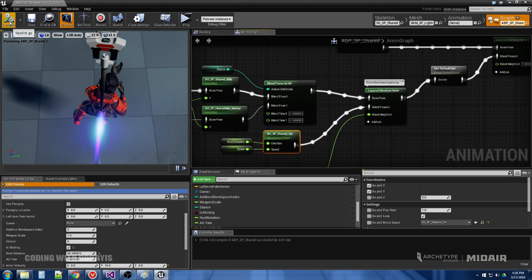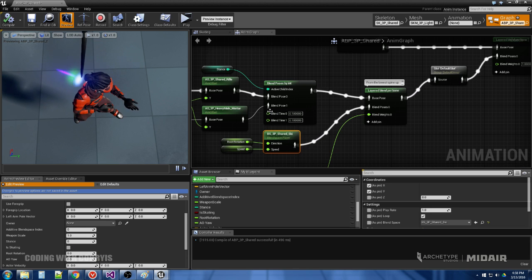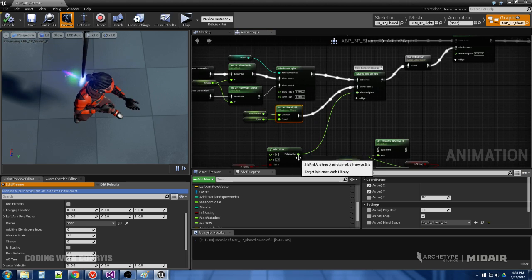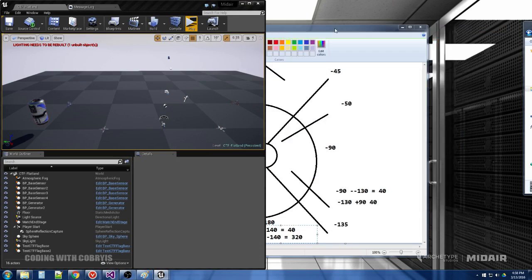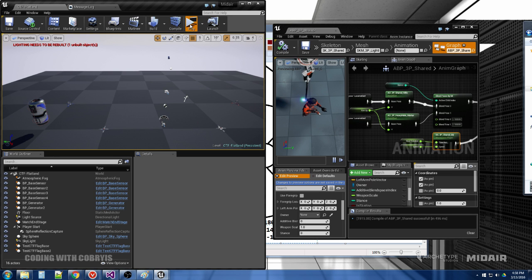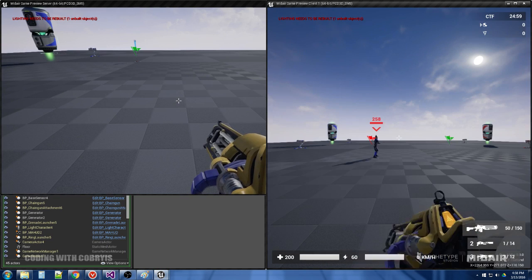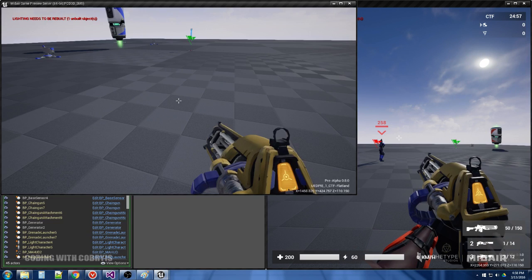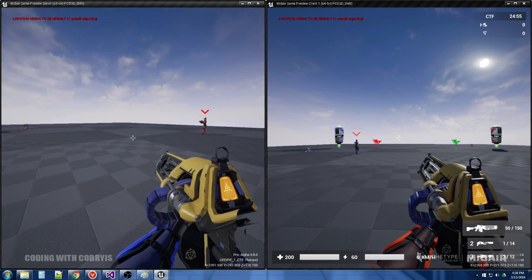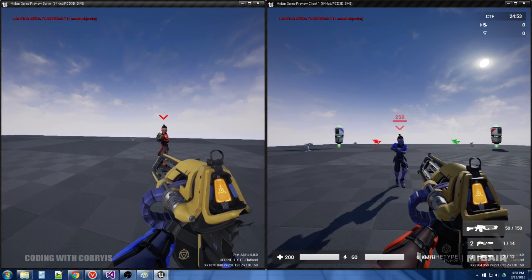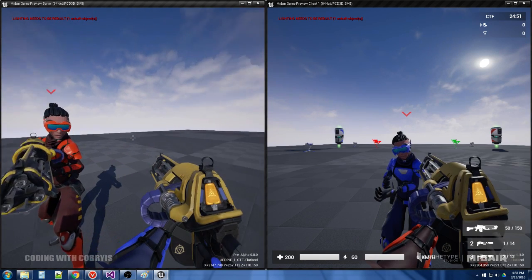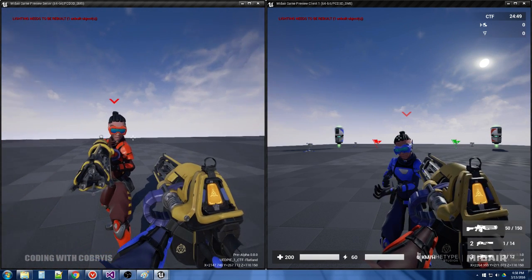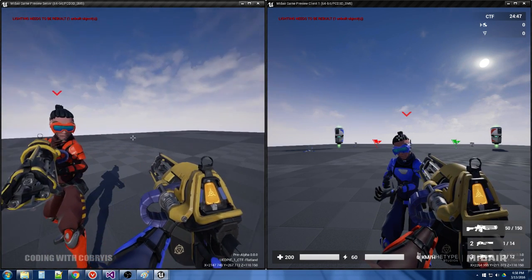Think. Let's just see what it looks like in game. No. It rotates.